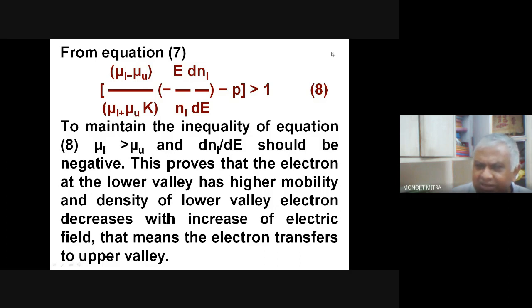So to get the Gunn effect, or rather the transfer electron effect, a compound semiconductor is a must. That's why in your viva people will ask, why can't a Gunn diode be realized with silicon or germanium? Because silicon and germanium do not have multiple valleys in the conduction band.